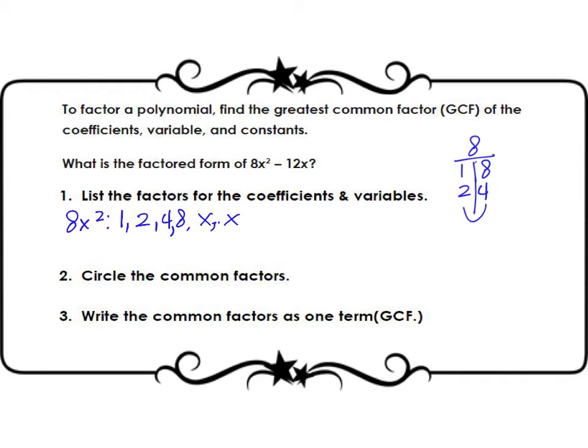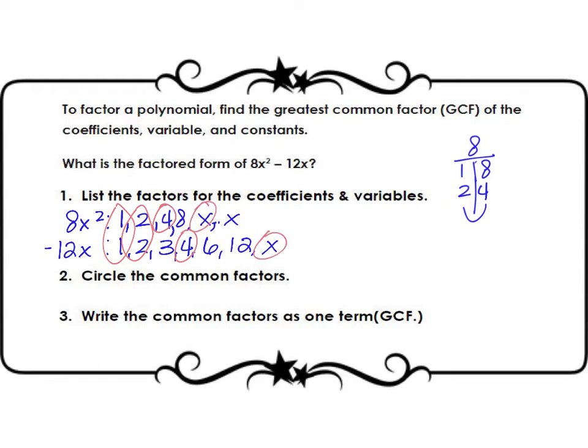Now for 12x, and it's actually a negative 12x, we would have 1, 2, 3, 4, 6, and 12, and then just an x. So from here, what we're going to do is circle the common factors. Common, common, common, and common.